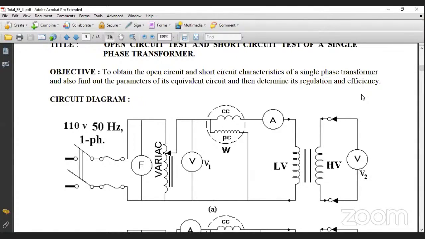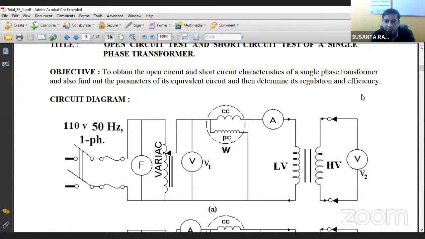To cater for that, another part of the current is drawn from the supply. So in this open circuit condition, there are two currents drawn from the supply. One is called the magnetizing current, another is called the core loss component of current.